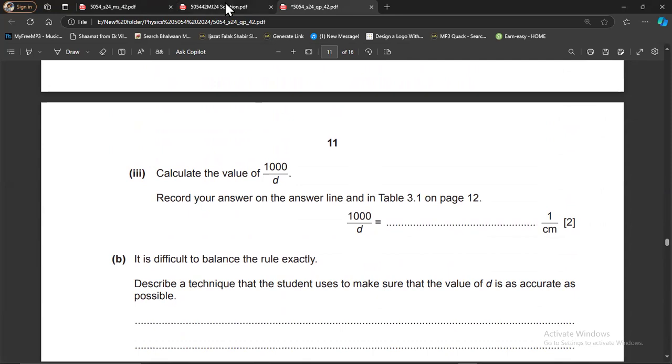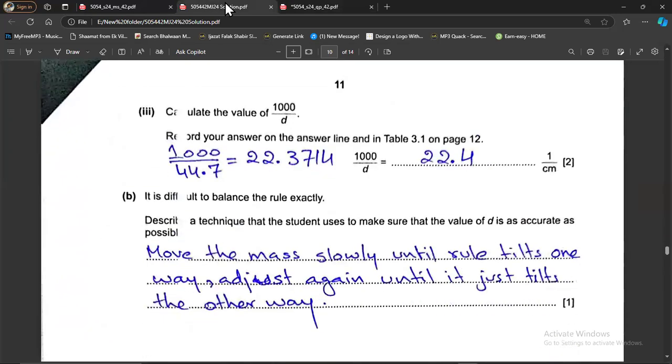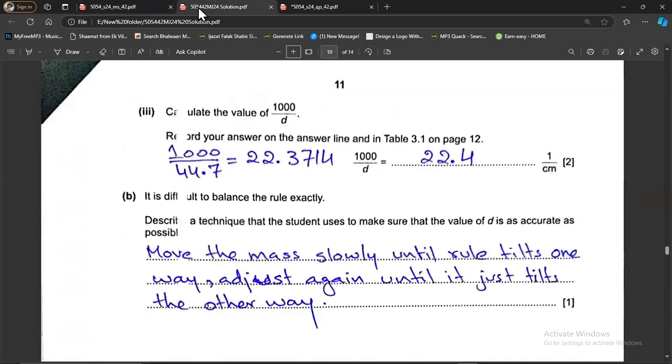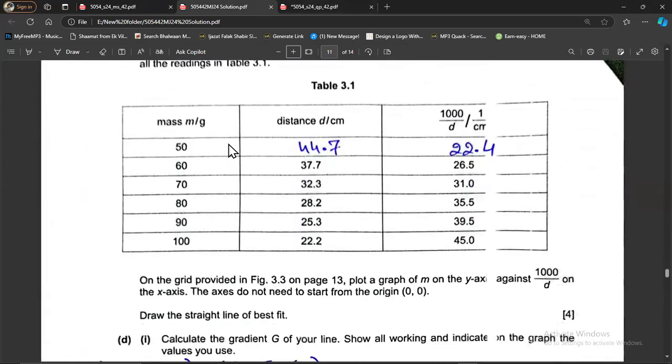So 1000 divided by the value of D, which is 44.7, that will be 22.3714, so 22.4. I will note this value in that table. So you can see I have noted down these values in that table. The D value when the mass is 50 is 44.7 and the 1000 by D is 22.4.